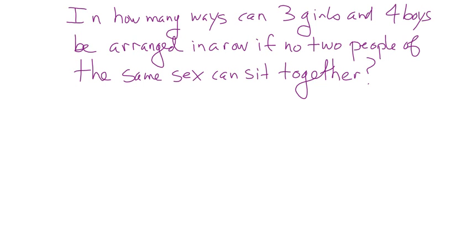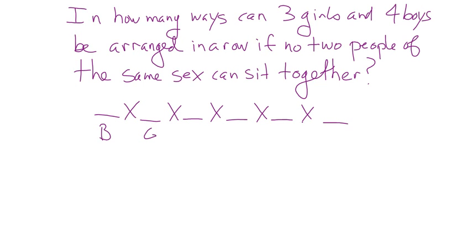So in doing a fundamental counting principle type of thing, you would list the 7 spots, 1, 2, 3, 4, 5, 6, 7. And you would say boy, girl, boy, girl, boy, girl, and we got 1 more boy. I don't really count to 7, I only get 6. Fundamentally, I don't count all that well.